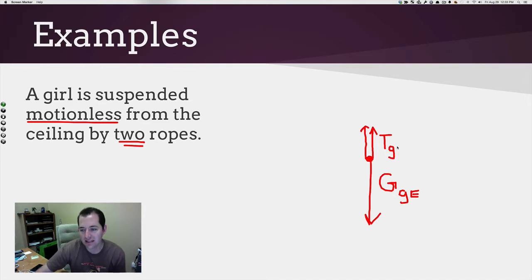By, we can say R by the rope, or we can even say R1 for rope 1. So let's label this one. It's very similar. It's the tension on the girl by the rope, and in this case we'll just call it rope 2. So that's our free body diagram for this situation.